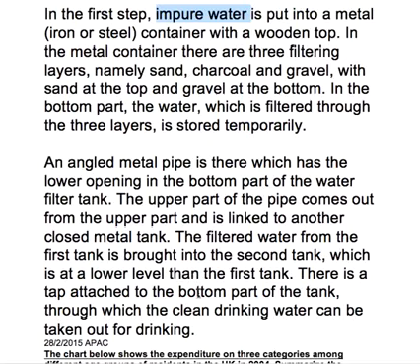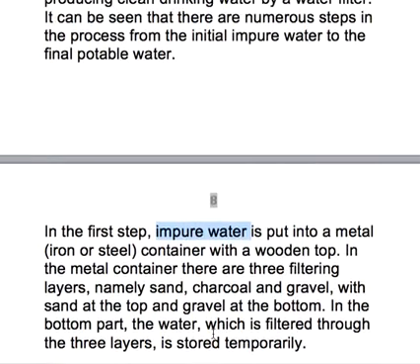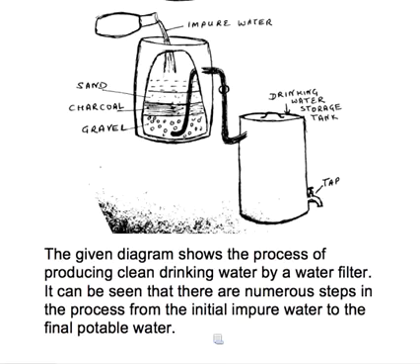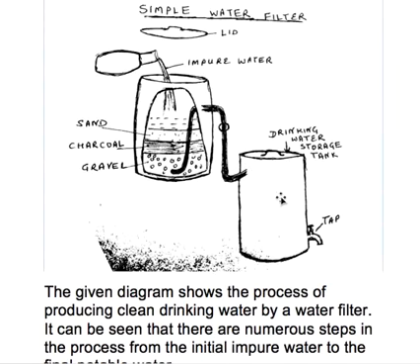There is a tap attached to the bottom part of the tank through which the clean drinking water can be taken out for drinking. This tank is at a lower level than the first tank, and so the water will automatically come into this tank, and then you can take out the clean drinking water from the tap attached to one side.